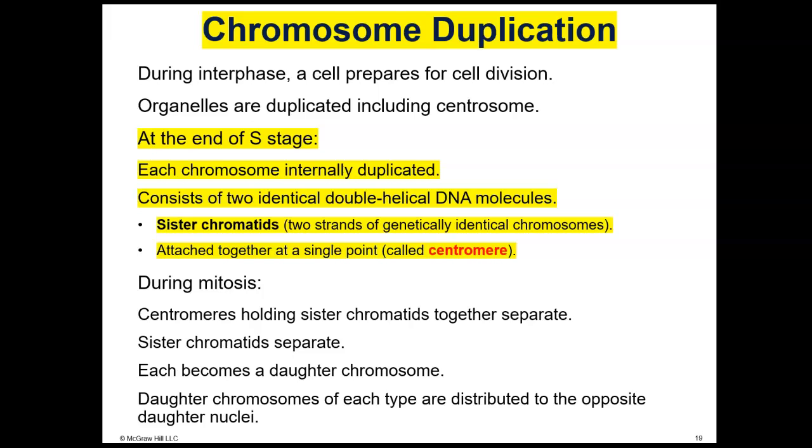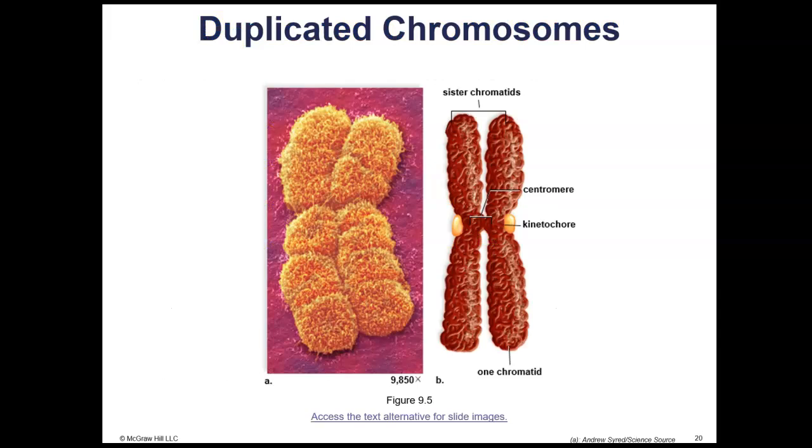During the S stage, each chromosome is duplicated and consists of two identical double helix DNA molecules, called sister chromatids, two strands of genetically identical chromosomes. They're attached together at a centromere, like we went over in the last recording.